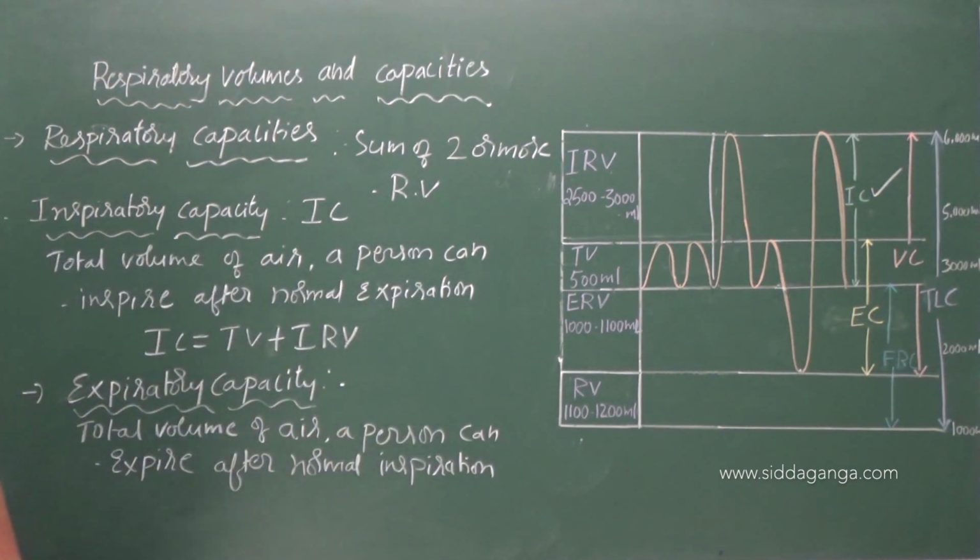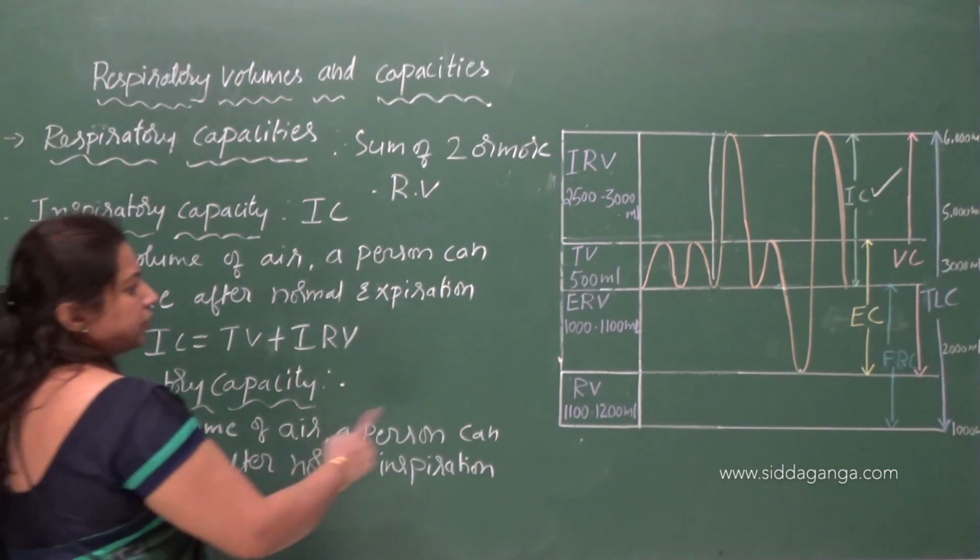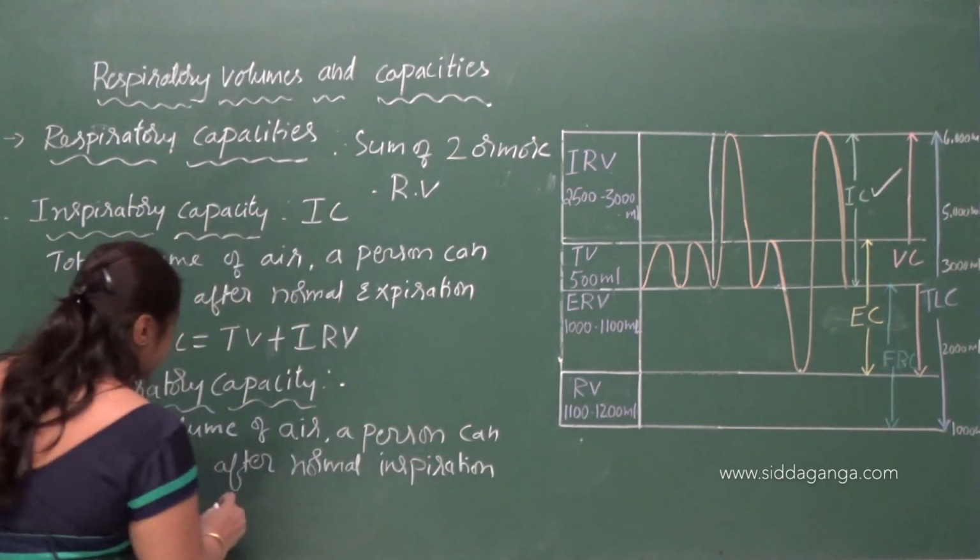So this is what the expiratory capacity. So after inhaling normally, how much volume of air are we able to expel out, so that is the expiratory capacity. So it is the sum total of them.